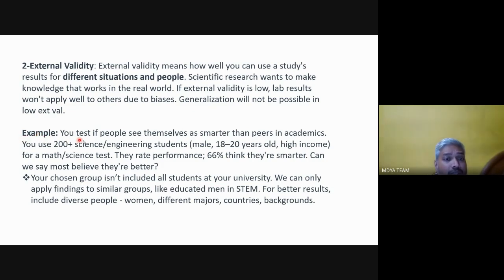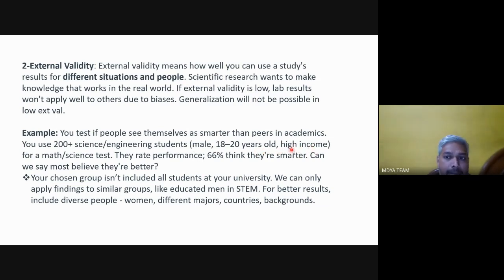See, suppose you test whether people see themselves as smarter than peers in academics, right? People think that I'm smarter than my friends in general. So we took that problem and went for research on it. You use 200 science and engineering students, only males, 18 to 20 years old, all belonging to a high income group.